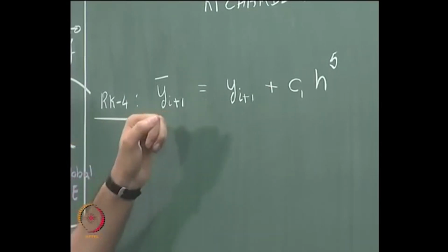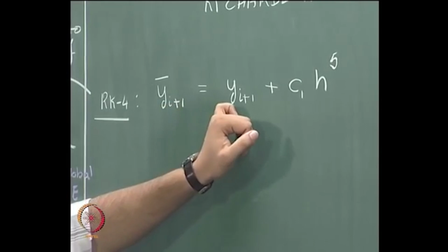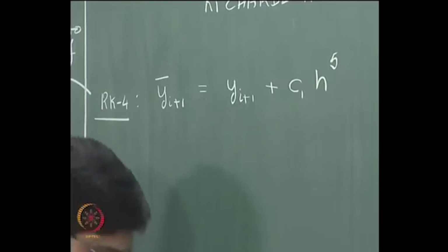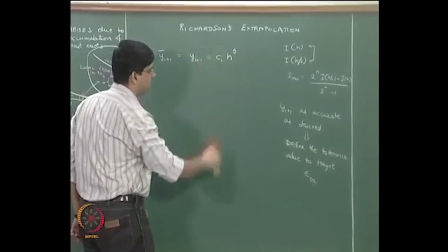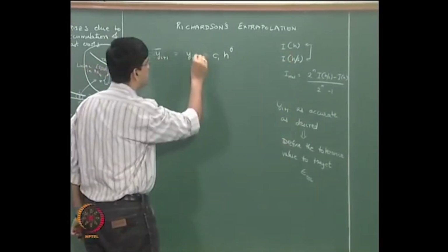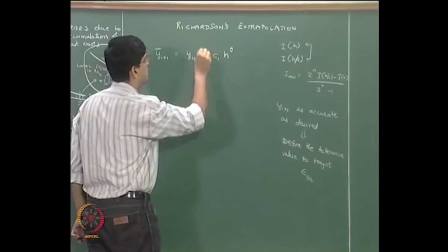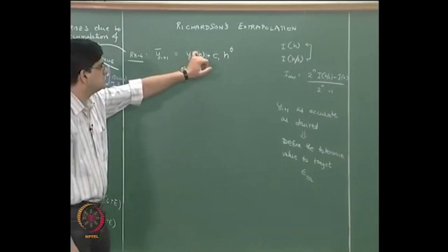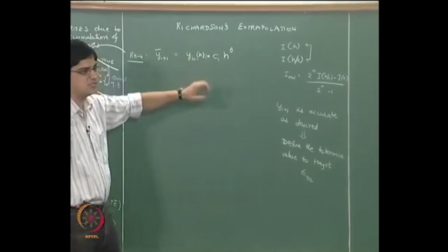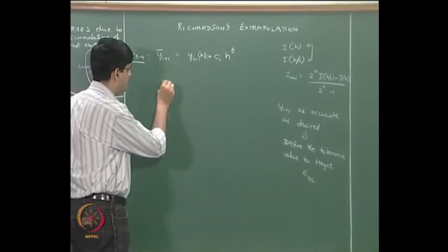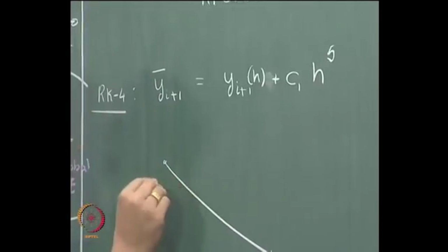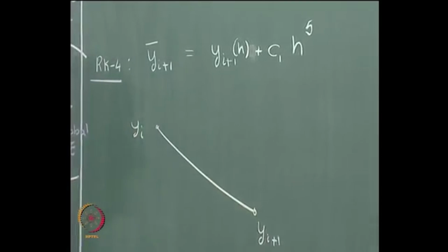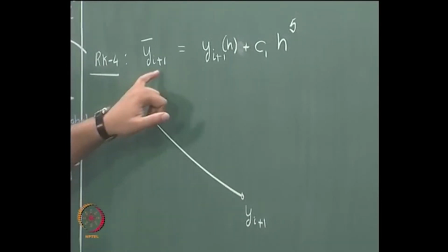For RK4, we have the true value y(i+1) bar equal to y(i+1) plus C1 h to the power 5. Let me modify this a little bit and write y(i+1) computed with h, plus C1 h to the power 5. So this is using the RK4 method once, going from yi to y(i+1). Okay. This is what we get.